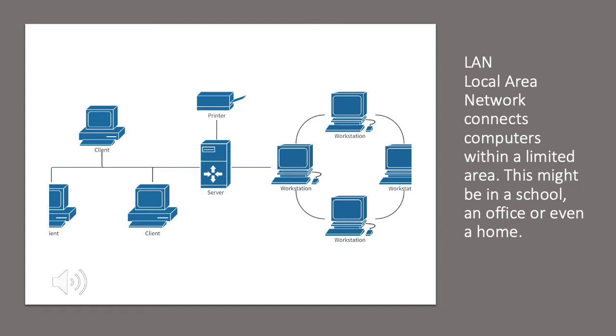LANs normally operate within a compact area like a building or a campus, and it is normally owned by the organization that uses it. The topology of a local area network can be a ring or a star or any other kind of arrangement.